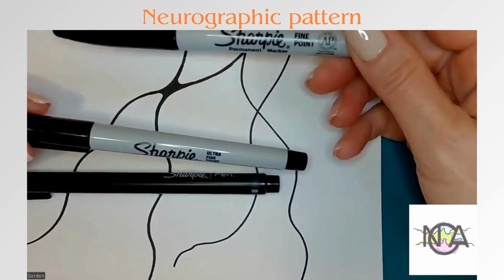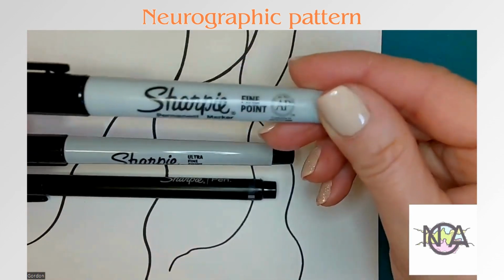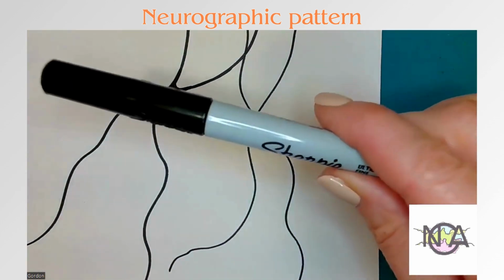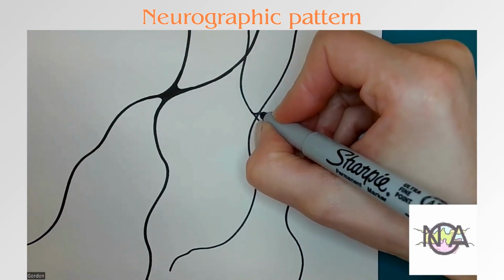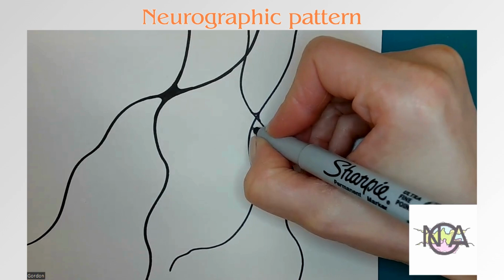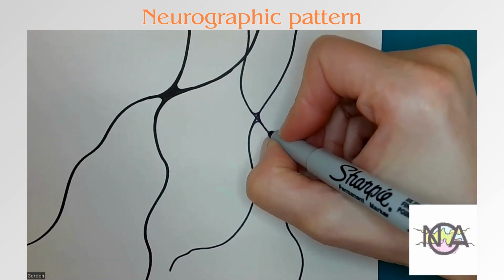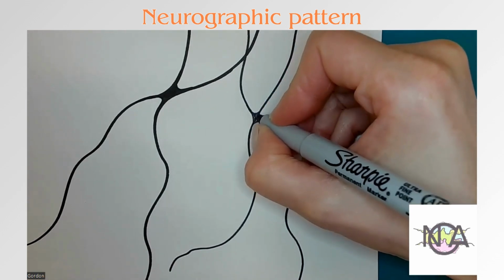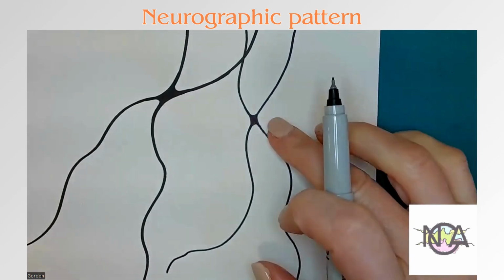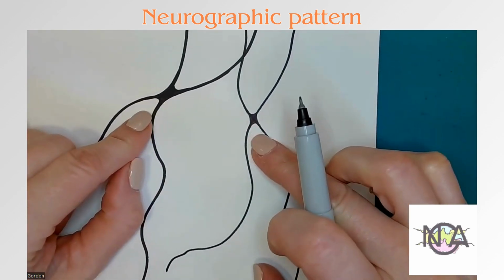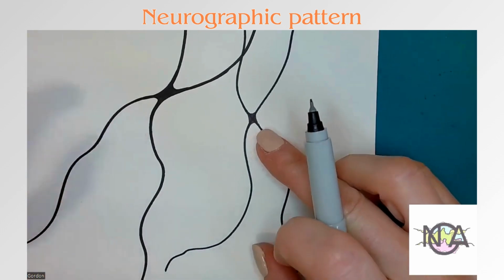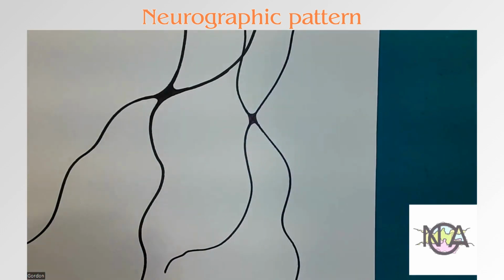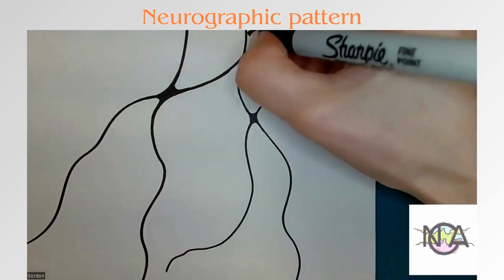So if I was drawing lines with the fine point, I can try to round them with the ultra fine. And then this rounding will be much smaller if you compare. But it will take you more time, so it will be more time consuming to round it with the finer tip.